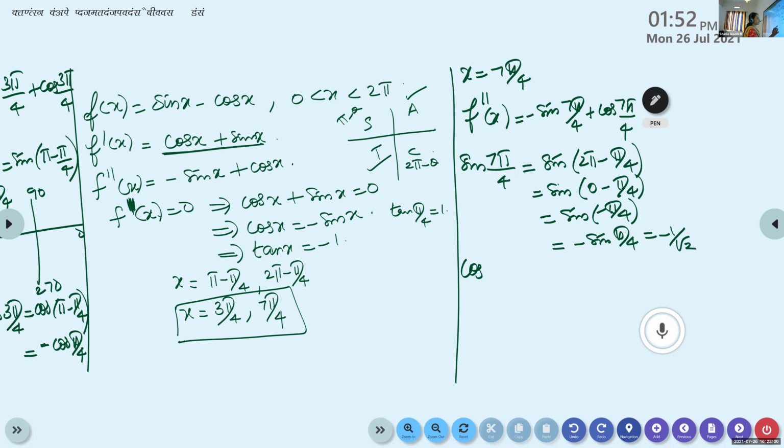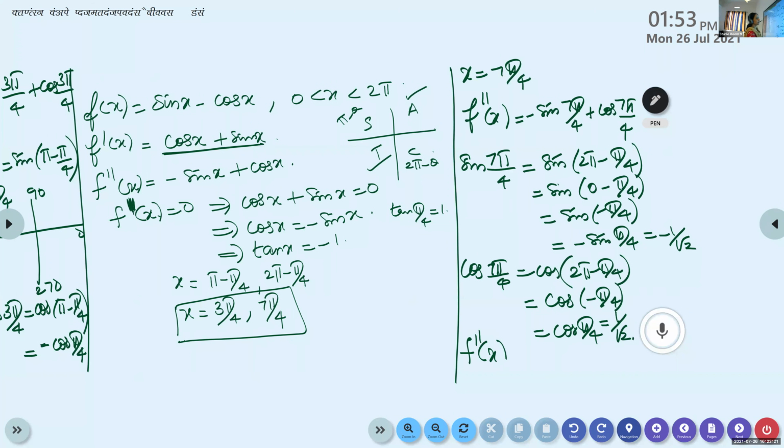Similarly, what is cos of 7 pi by 4? It is cos of 2 pi minus pi by 4. 2 pi will coincide with 0, so we get minus pi by 4. Cos of minus theta is cos theta, so it will be positive 1 by root 2. So when you substitute in f double dash of x, we get minus 1 by root 2 and already one minus is there, so minus of minus is plus 1 by root 2.